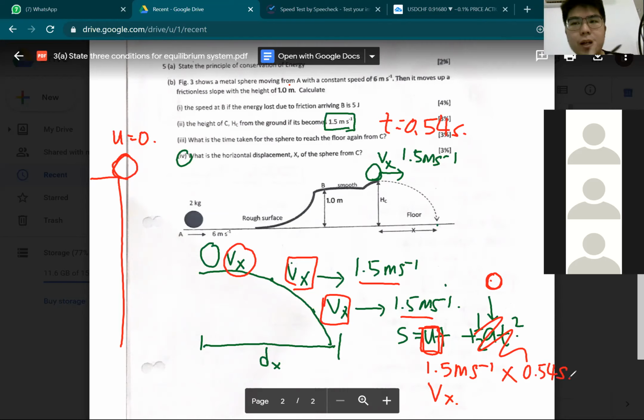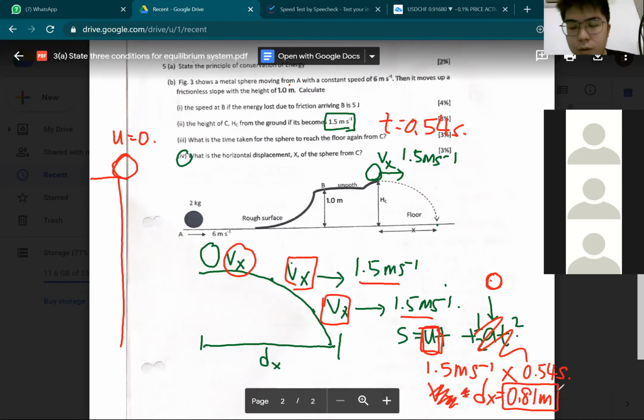The time taken to fall down is the same, regardless of whether you're moving horizontally or vertically. So we can just use 0.54. So 1.5 times 0.54, then we get the horizontal displacement is 0.81 meter.